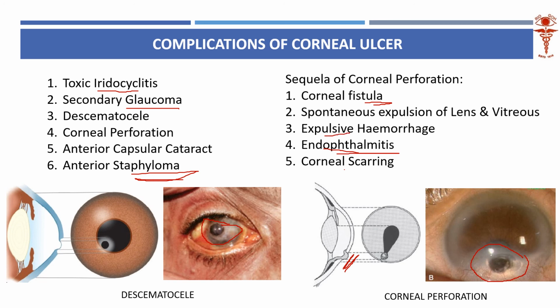Expulsive hemorrhage is one which I will discuss when we discuss cataract surgery, because it is of the same philosophy. Here it's because of a sudden perforation. There it is because of a sudden entry into the anterior chamber by an instrument. So both we will discuss in cataract surgery.